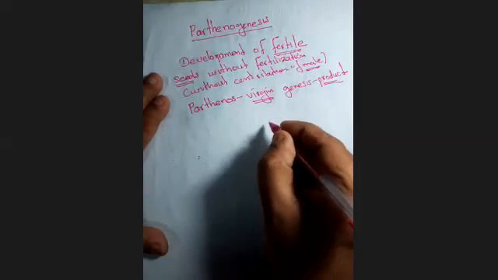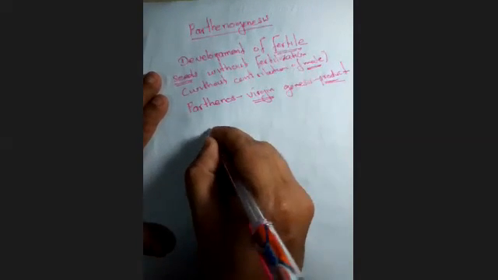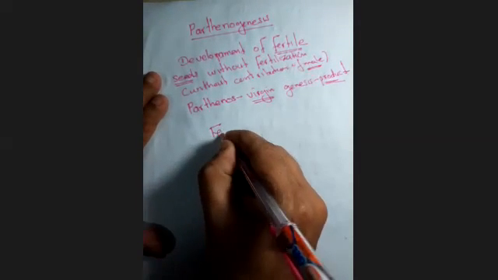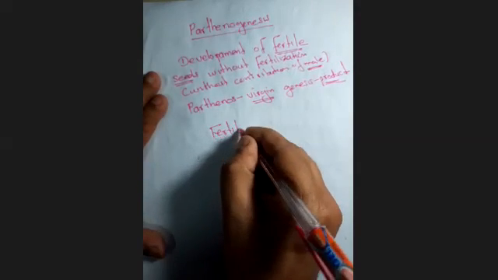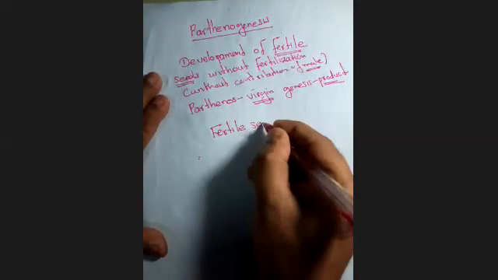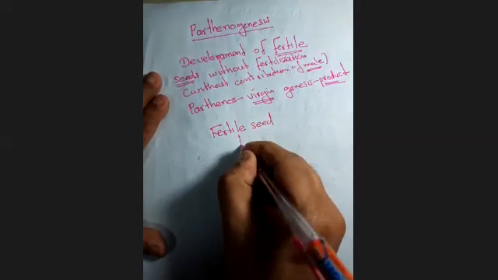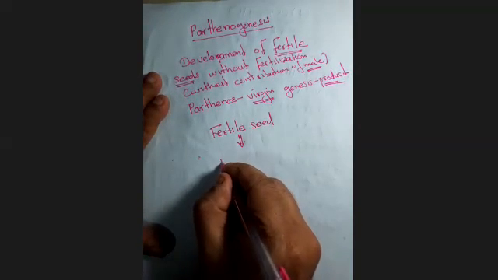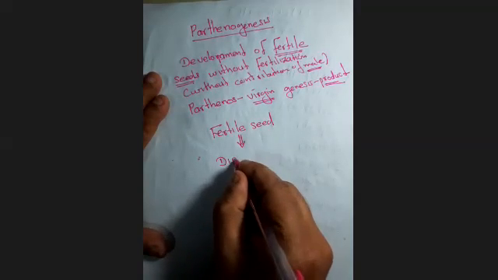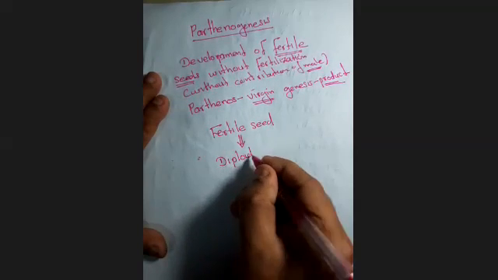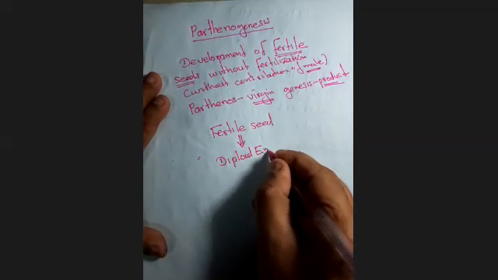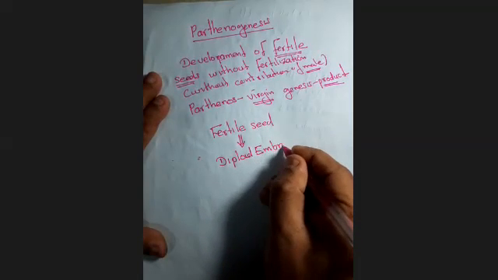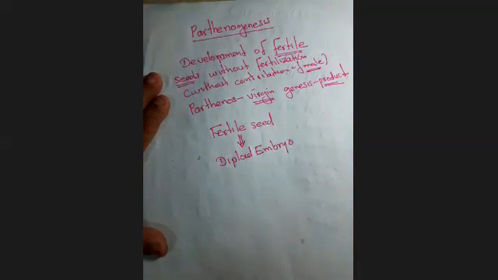Anyway, my children, if you take a fertile seed, in a fertile seed there should be a diploid embryo. What should be there inside a fertile seed?